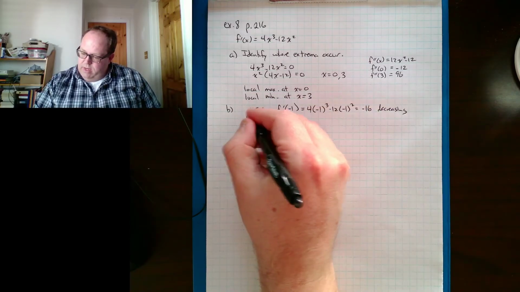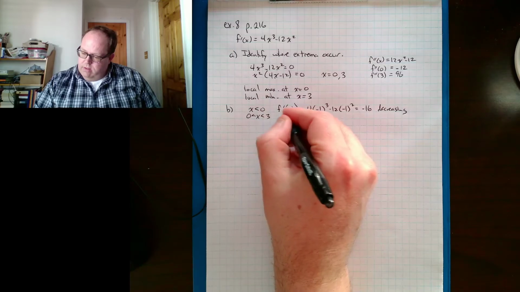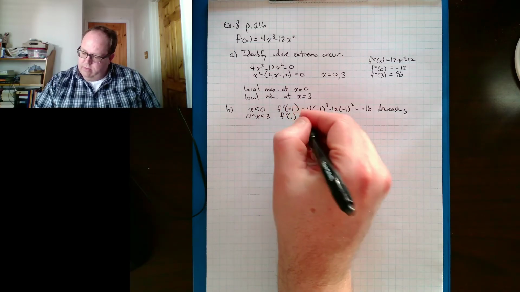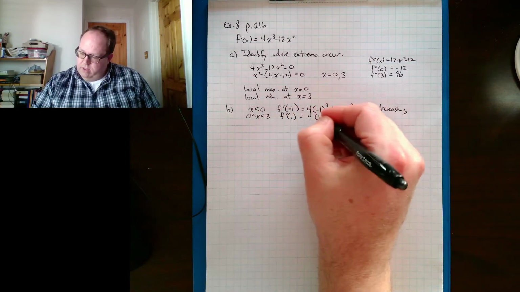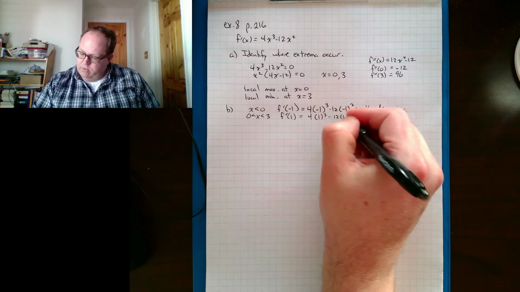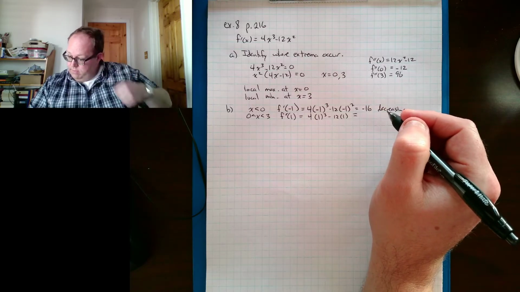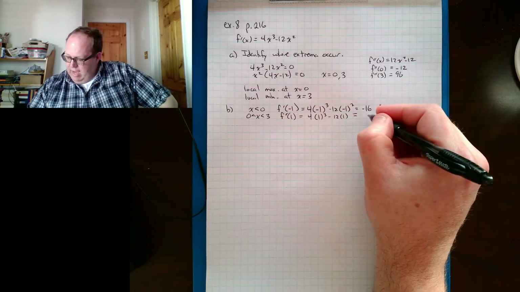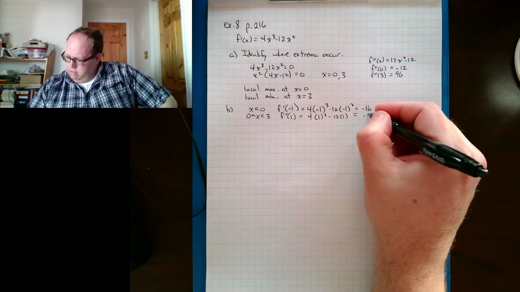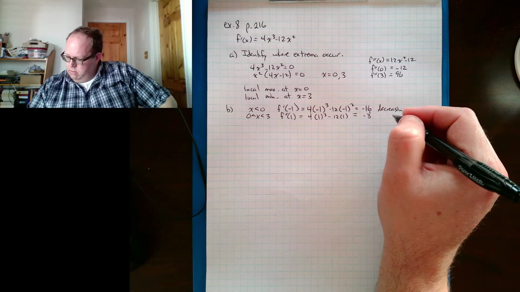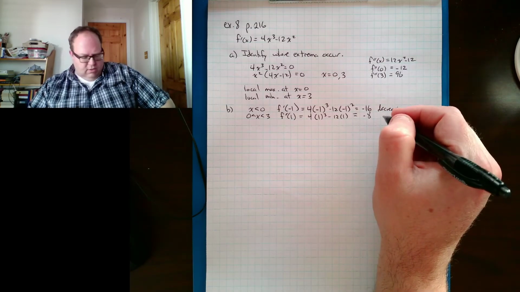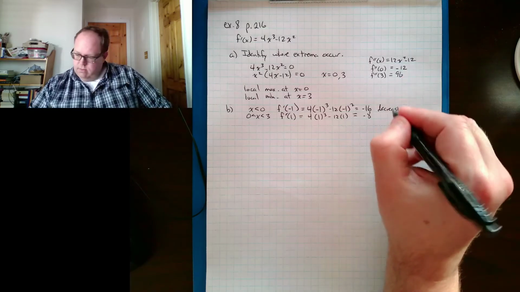Between 0 and 3, say my first derivative at 1. That's going to be 4 times 1 cubed minus 12 times 1, which is negative 8. Which is also decreasing.